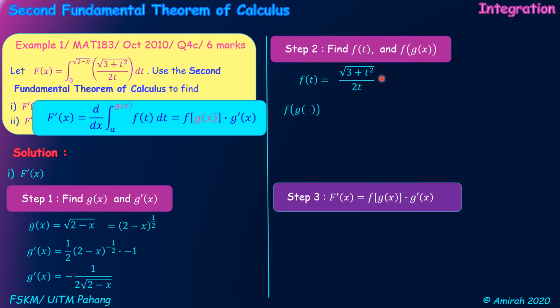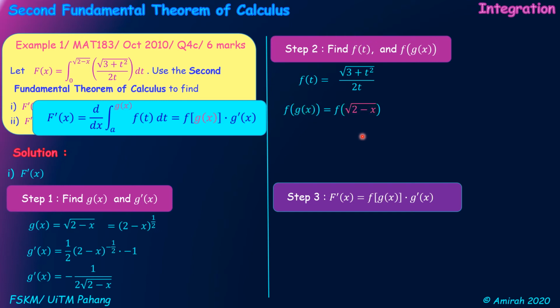Alright, f(g(x)) equals f of square root of 2 minus x. Why do we get this? Because we just replace t by our g(x), which equals the square root of 2 minus x.